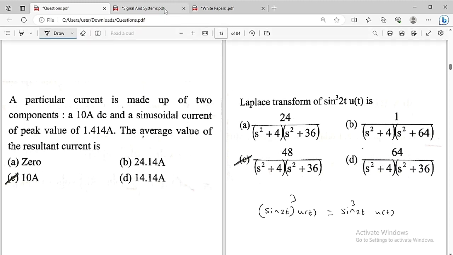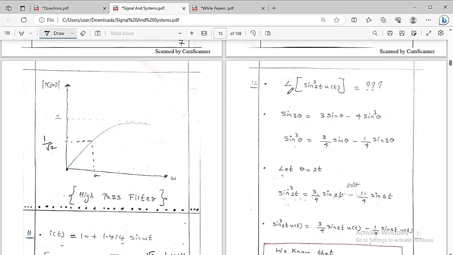So let's solve this numerical. We need to find the Laplace transform of sine 2t whole cube into u of t. Before we solve this question, first let us know the formulas. What is sine 3 theta? Sine 3 theta is equal to 3 sin theta minus 4 sin cube theta. You have to keep this formula in mind.